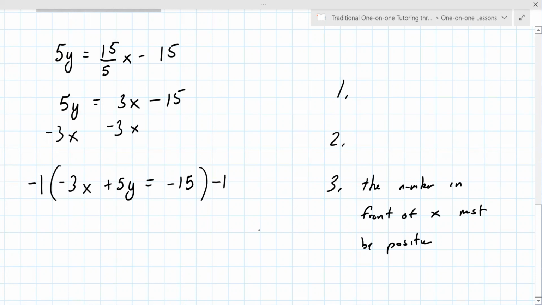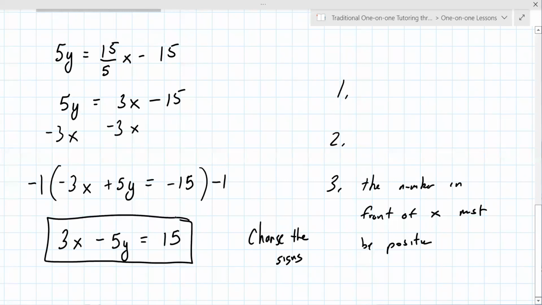And I like to think of it as just changing the signs of everything. I don't get too caught up in whether it's a negative times a negative, or just change the sign. So the first term was negative 3x. Now it's 3x. The second term was positive 5y. Now it's minus 5y. The number on the right was minus 15. Now it's positive 15. Okay.